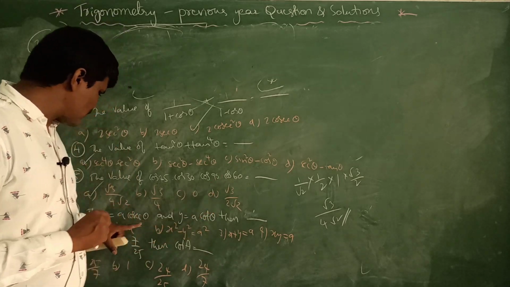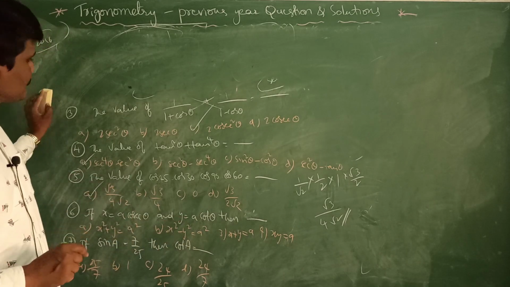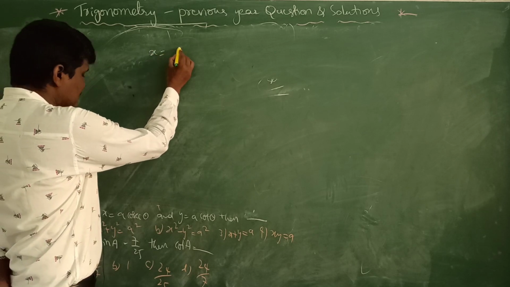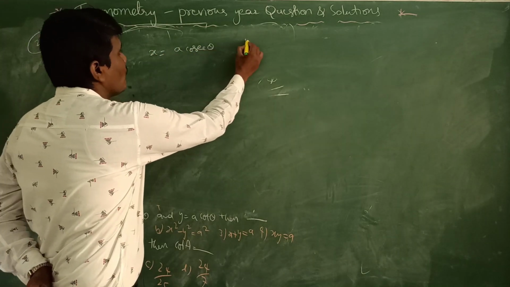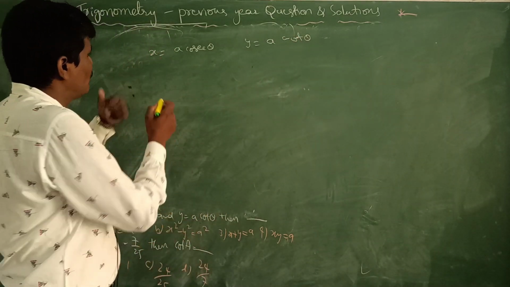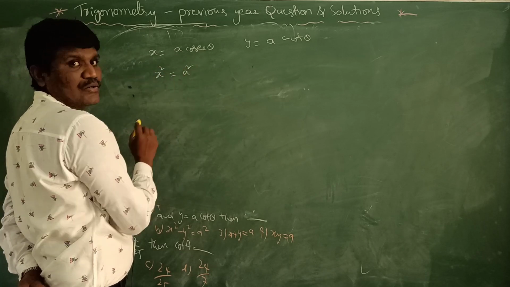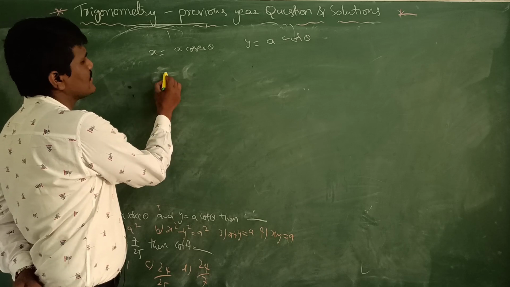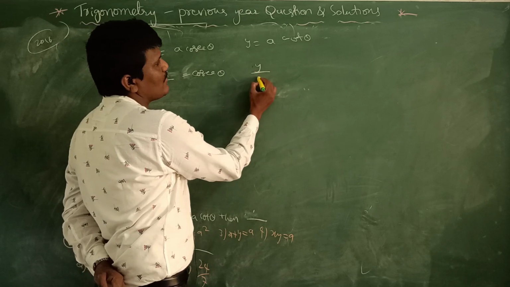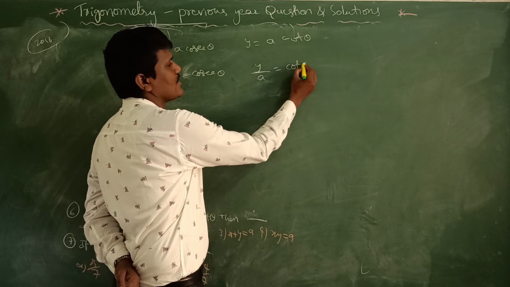Okay students, in this question, x is equal to a cosec theta and y is equal to a cot theta. What you need to do, whenever this type of question is there, is bring a to the other side: x by a is equal to cosec theta, y by a is equal to cot theta.